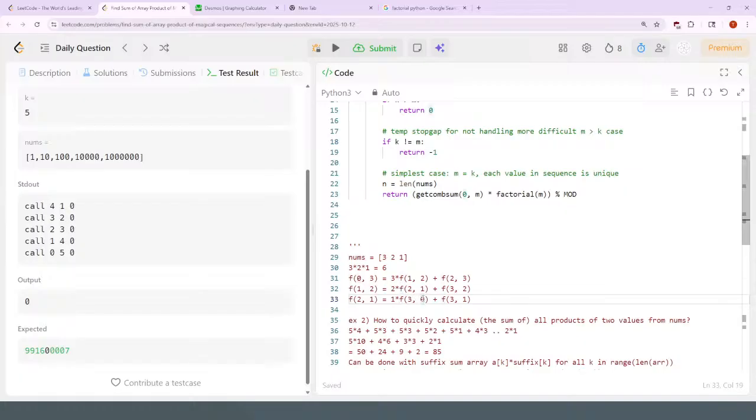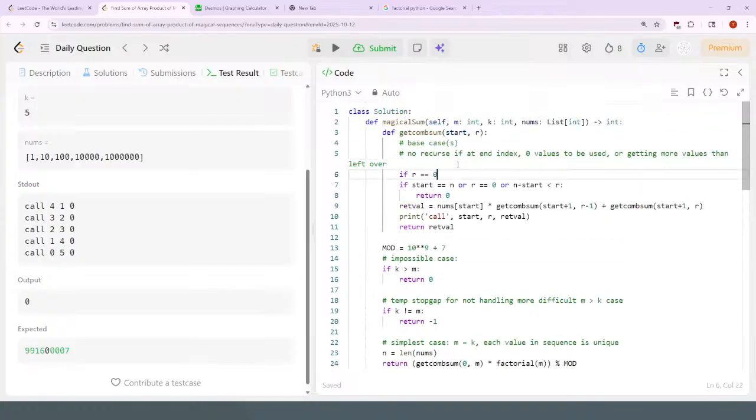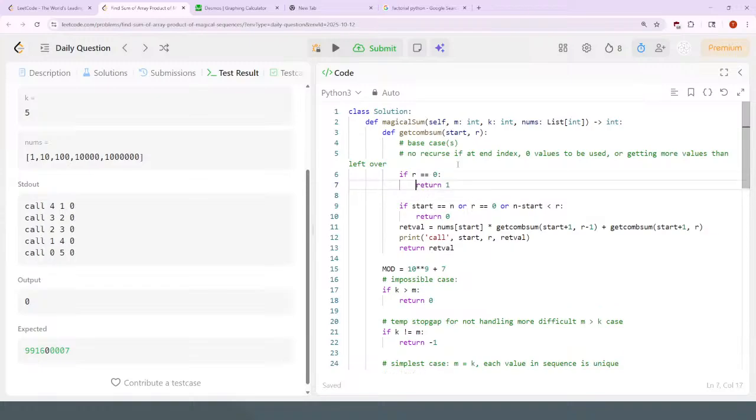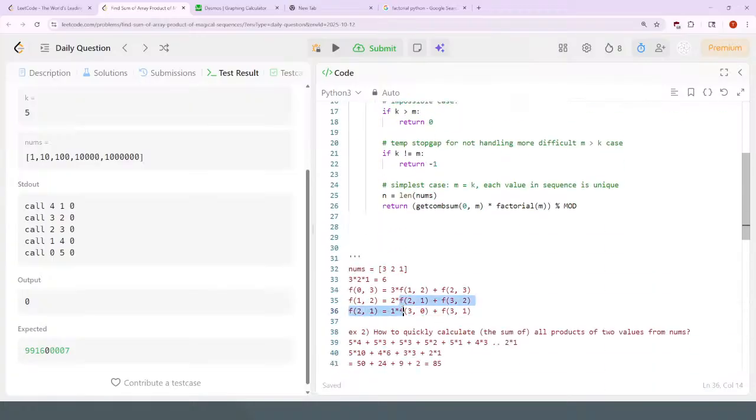Okay, I think maybe if I choose 0, it should be returning 1. There's one way to do that. And then the other case is, this should in theory return 1. 3, choose 0. Or no, otherwise this should return 0. If you're at the end, maybe.